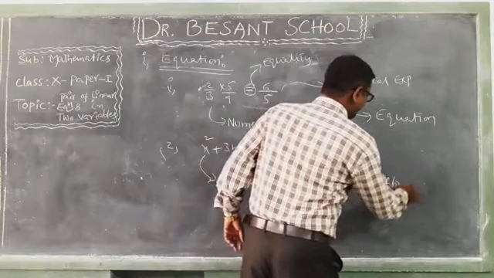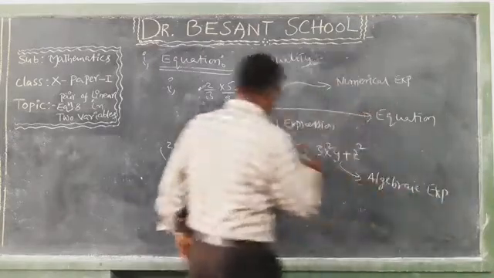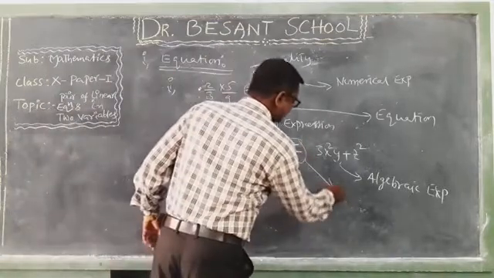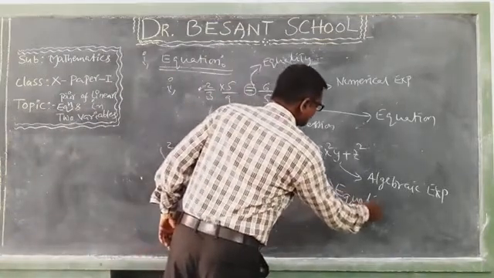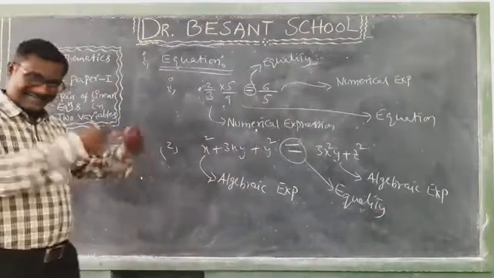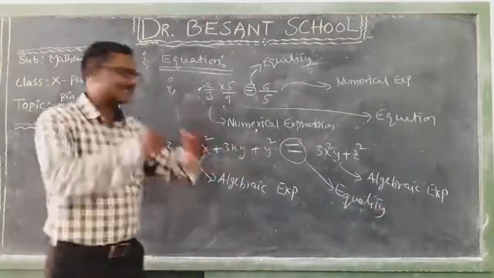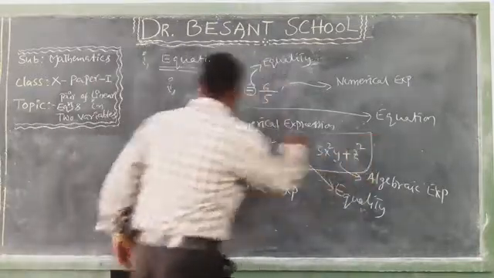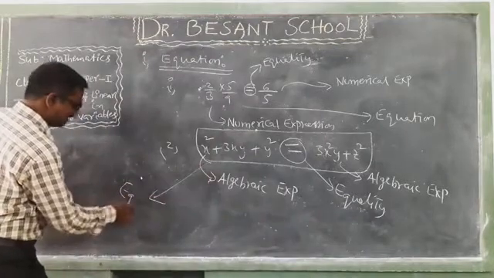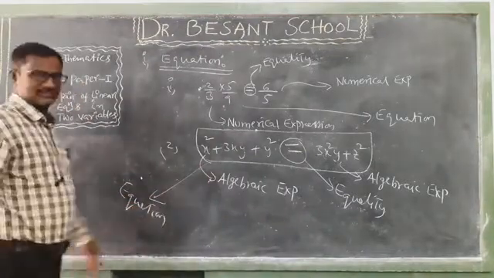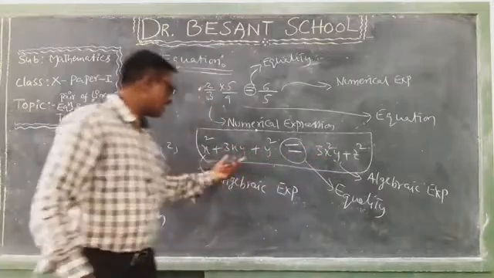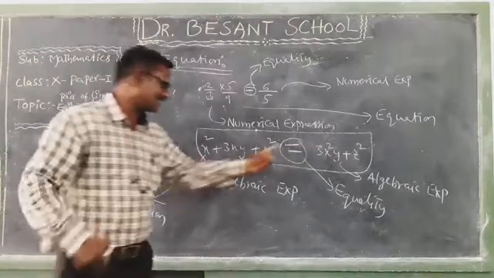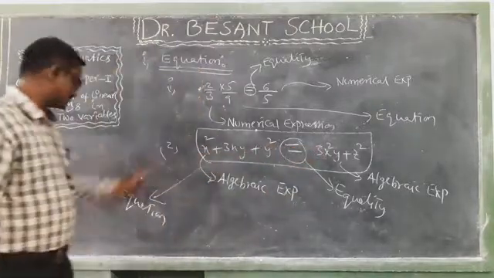this is the connectivity equality. So in this second example, I connected these two algebraic expressions with a connectivity equality, and the overall sentence is called an equation.